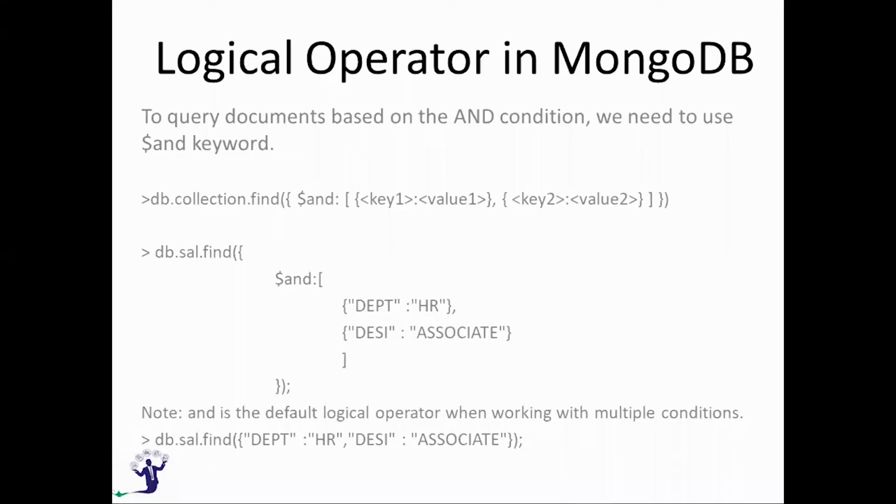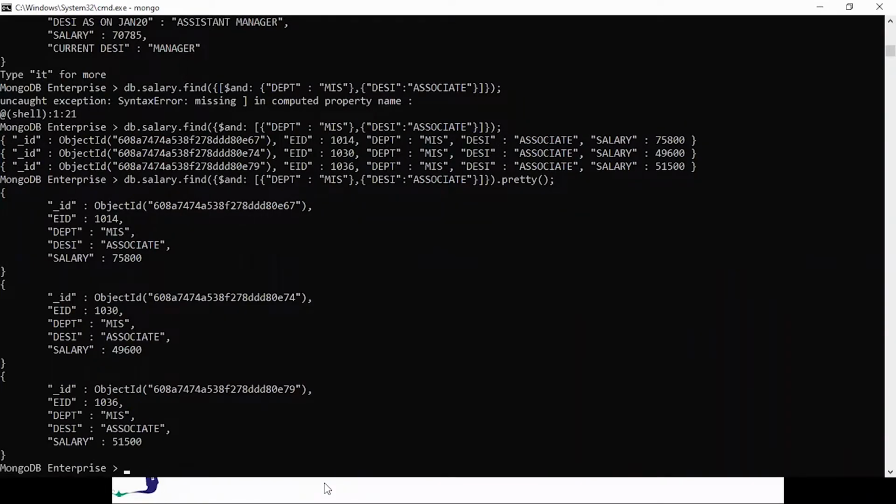Okay. And now if I put it like this, db dot salary dot find condition, department colon MIS, comma, designation colon manager.